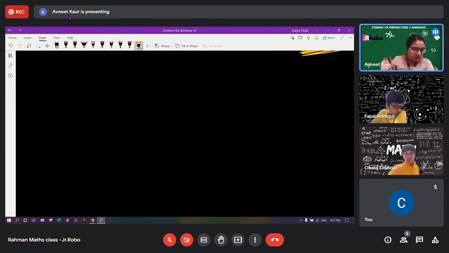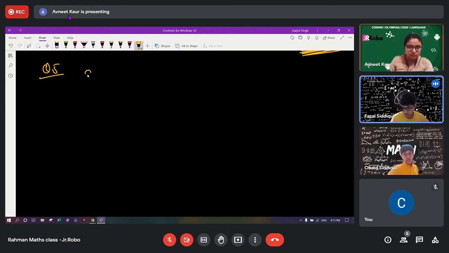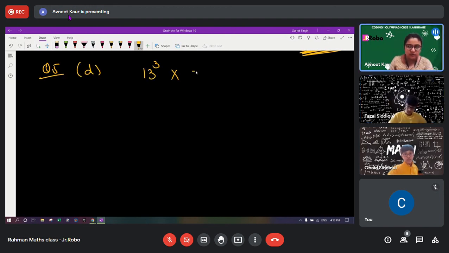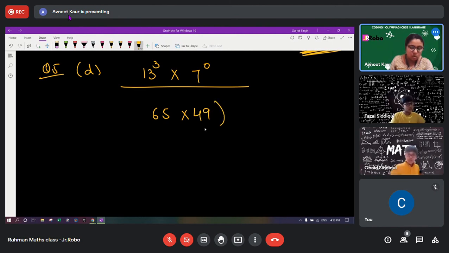Okay, let's take one question which is looking very difficult. Let's take the D part of it. That is (13 raised to power 3 and 7 raised to power 0) upon (65 into 49) whole raised to power 2, bracket raised to power 1.